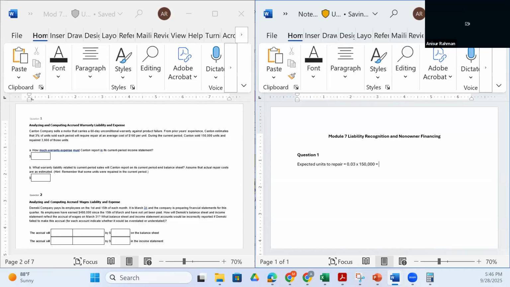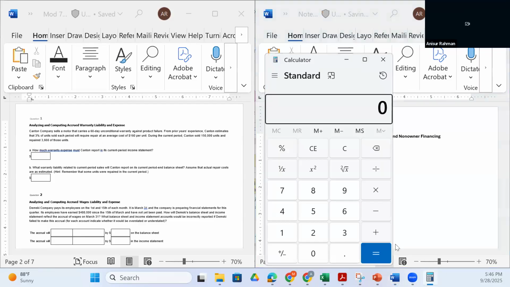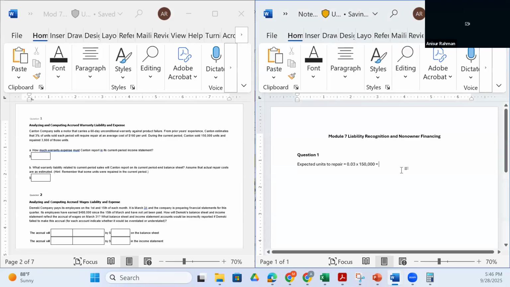So this will be equal to 4.5 thousand. So these many units the company expects to repair during the current period.